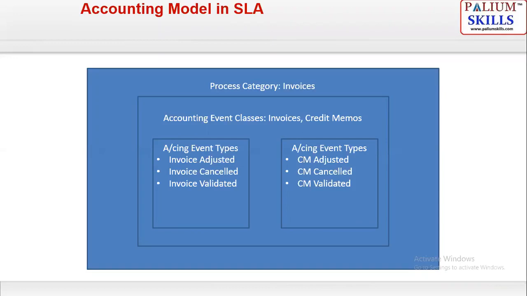Okay, so you have a process category, which is the main one, you can say. Within that, you have the accounting event classes, and within that, you have the accounting event types.